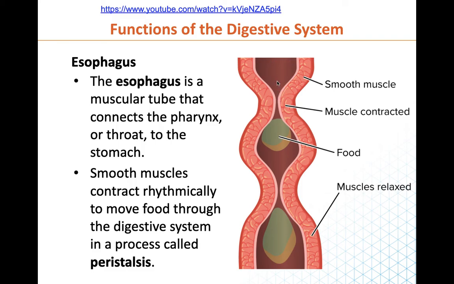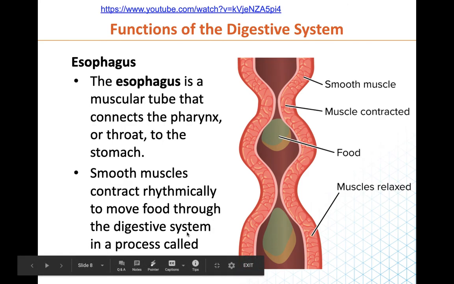This is why if you hang upside down and you eat something, the food will still go in the right direction, because your digestive system is not controlled by gravity. It's controlled by the squeezing of these muscles. And as you can see, as the muscles squeeze the food, they are further breaking it down mechanically into smaller pieces. All right? So, smooth muscles contracting rhythmically to move food through the digestive system is called peristalsis, okay?